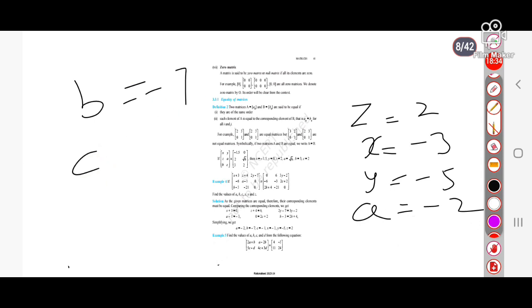For c, equating the left side and right side, 2c plus 2 equals 0, so c equals minus 1.